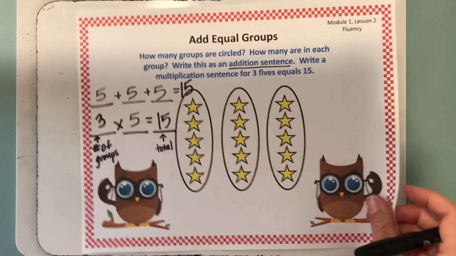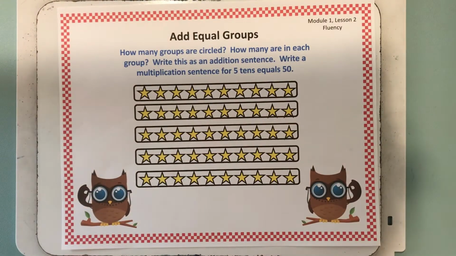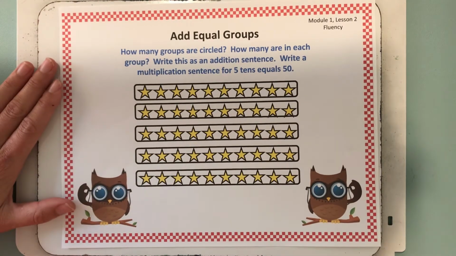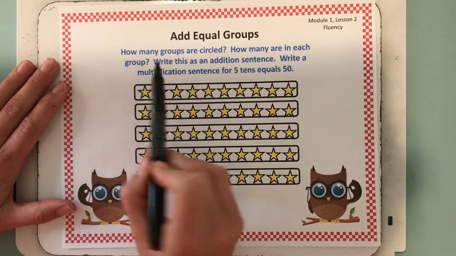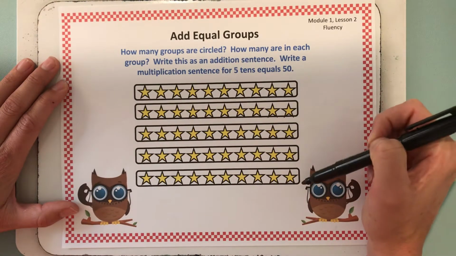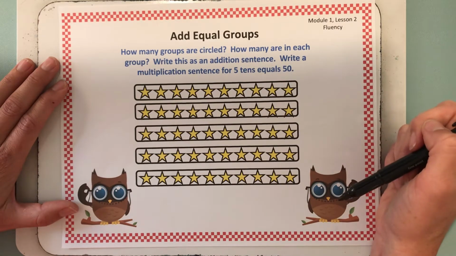All right, this next one's a little bit harder. Here we go. So here, it's a lot, right? Wow, there's a lot of stars here. Let's first, how many groups are circled? So figure out how many groups are circled. So count those first. If you need to pause the video, you can.